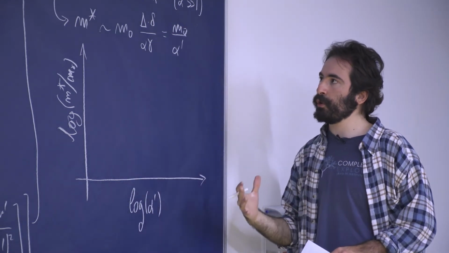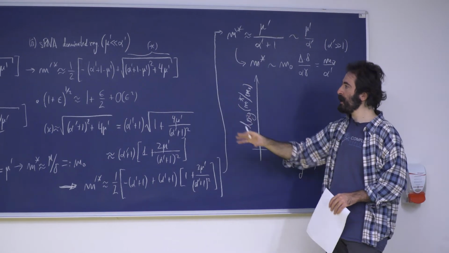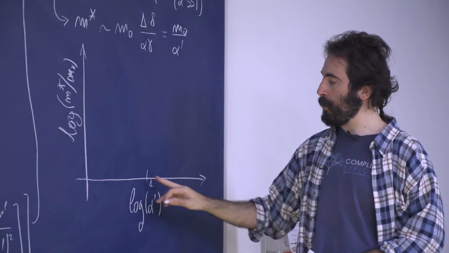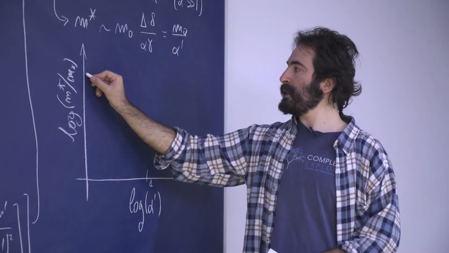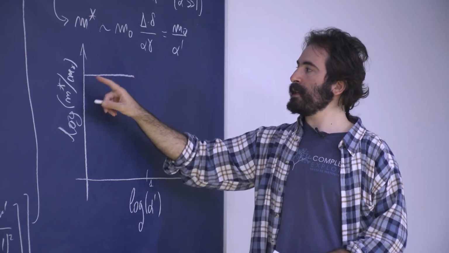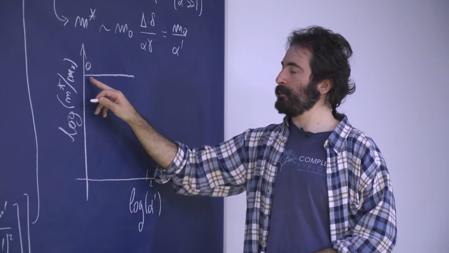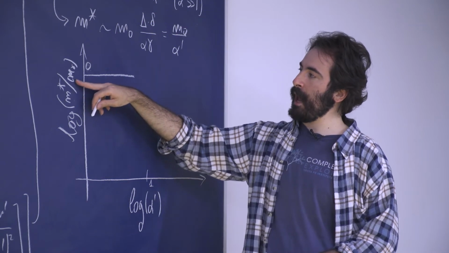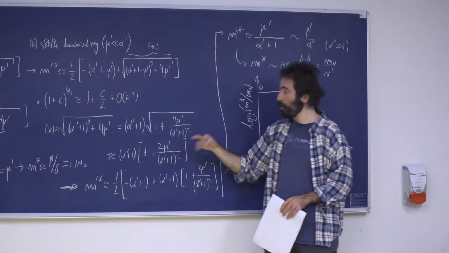And this is what the plot should look like from what we have gathered by studying both regimes. First we had the mRNA-dominated regime. If here we include the number 1, this is when alpha prime is equal to 1. All of this should collapse to this being equal to 1, this being equal to 0, because as we are taking the log, m prime divided by m naught is going to give us 1.